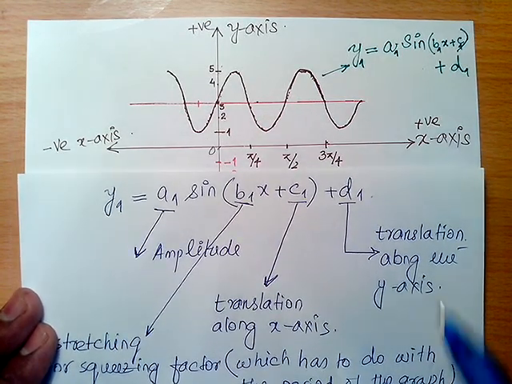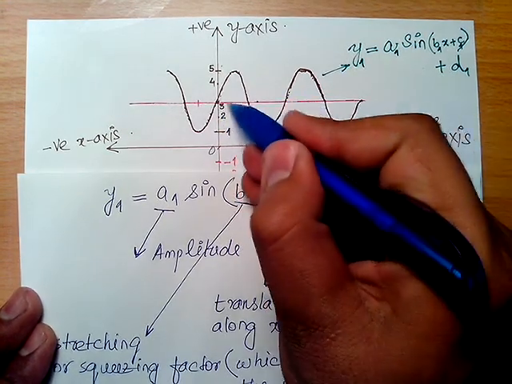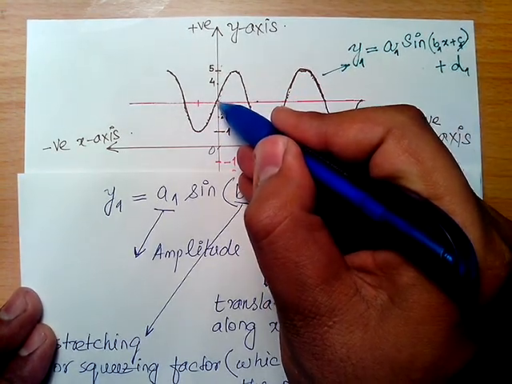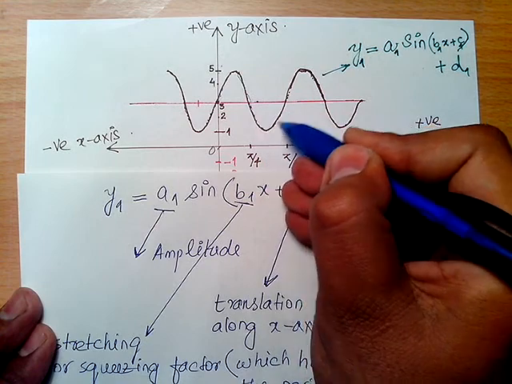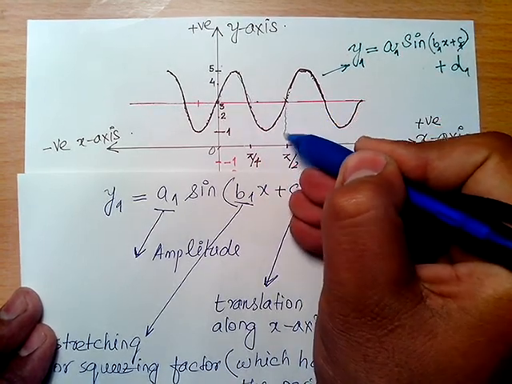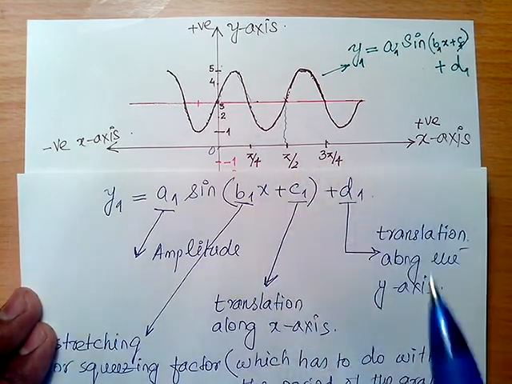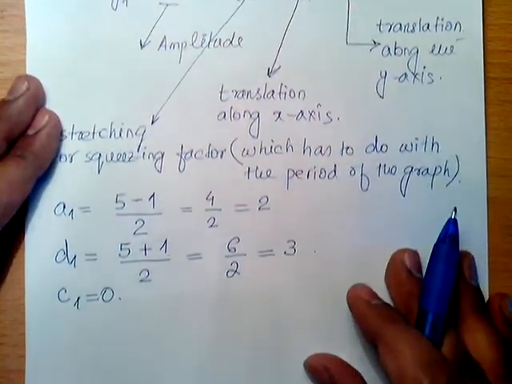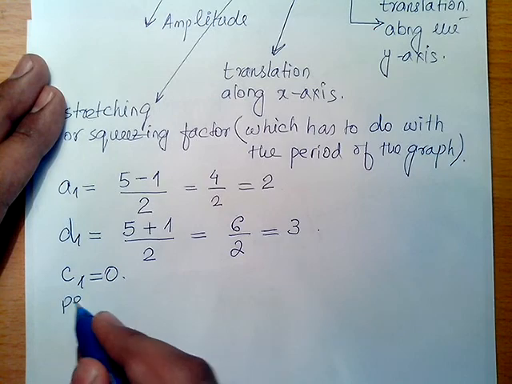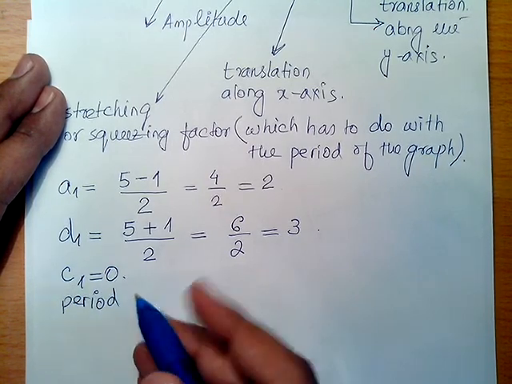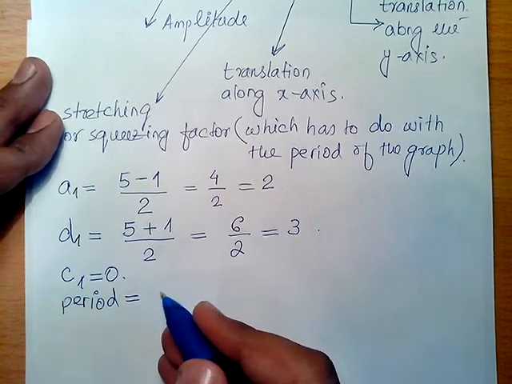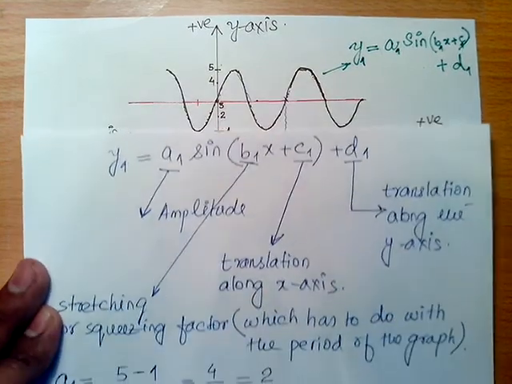Now let's see what the period of this graph is. It starts from here and one cycle ends here, so this is the period. The period of this graph is, sorry, pi by 2.